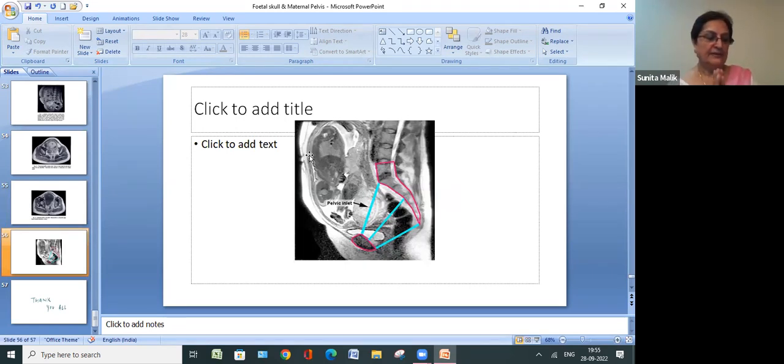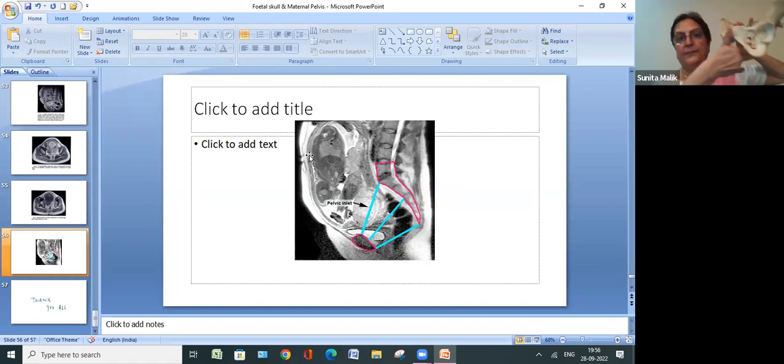Then after we have done the pelvic assessment, we have to rule out CPD also. Contracted pelvis, I think this is beyond this chapter, today's class. So when we are doing this, we keep our finger on the level of the ischial spine. We try to push the head, and this goes at the symphysis pubis, like this.